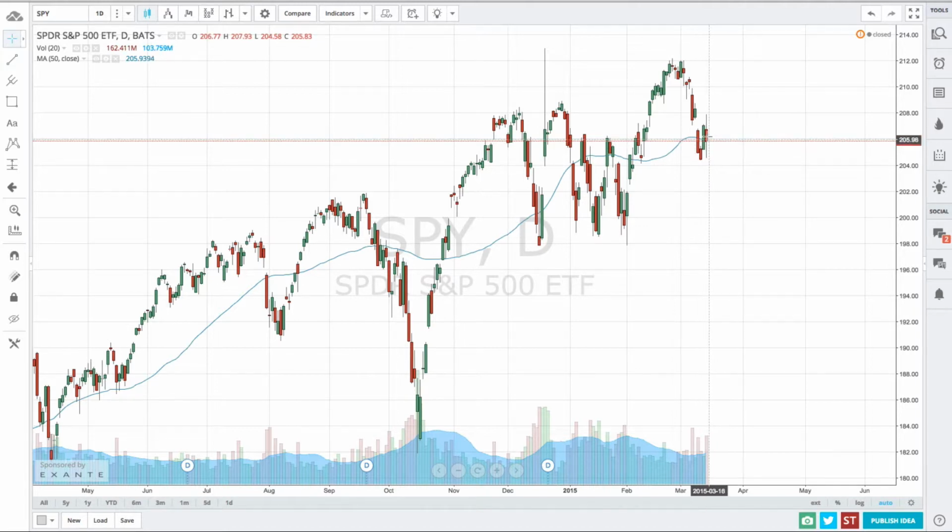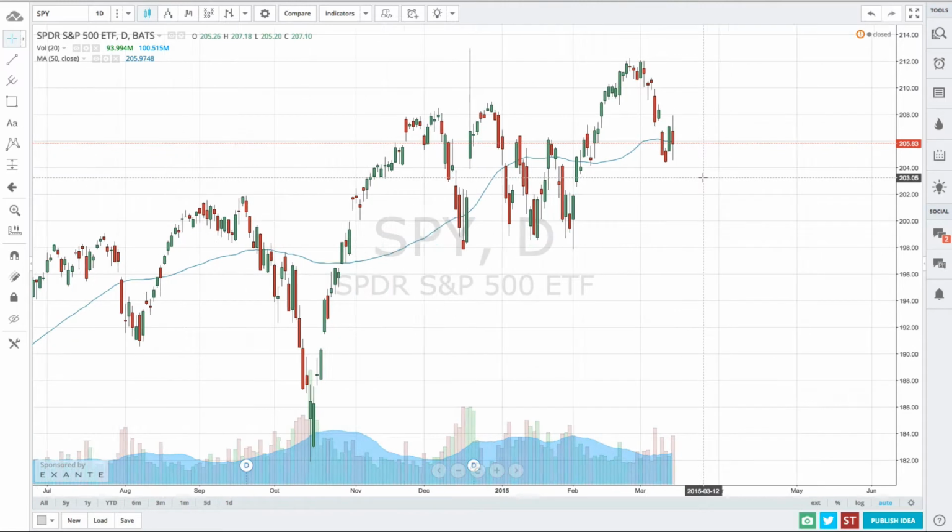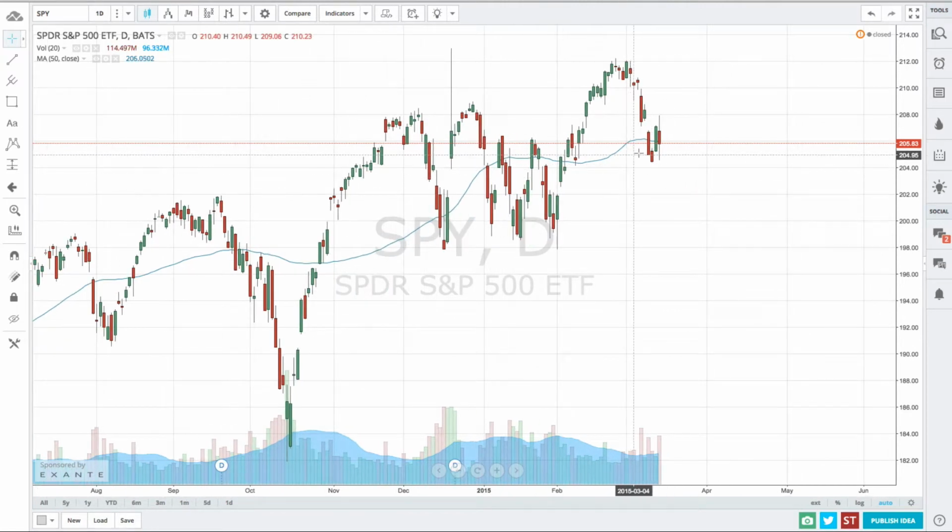And sure enough, Friday came and we pretty much put in a bunch of indecision. If we zoom in here a bit, you can see that we closed right below the 50-day moving average. We tested the bottom, we tested the top, you could see that with the wicks on the candle, and ultimately closed right in the middle of yesterday's range.